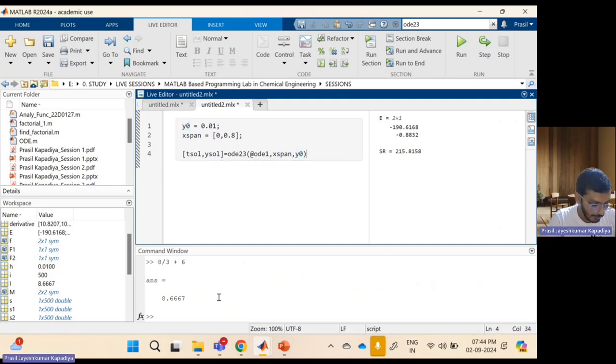I don't want to write it in terms of a function.